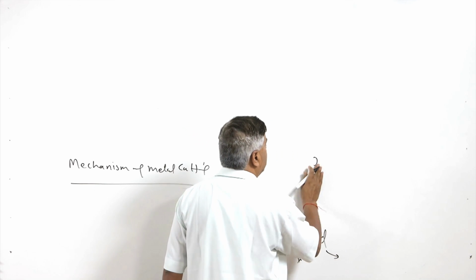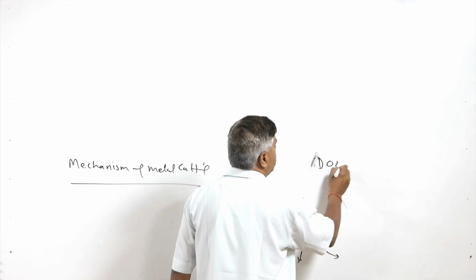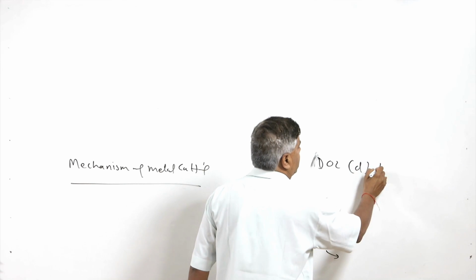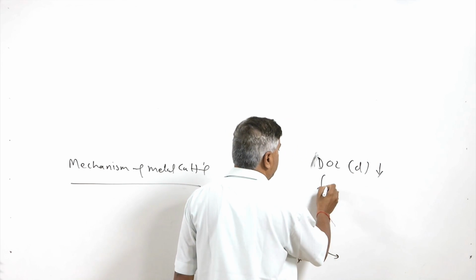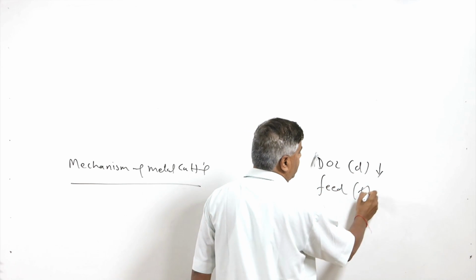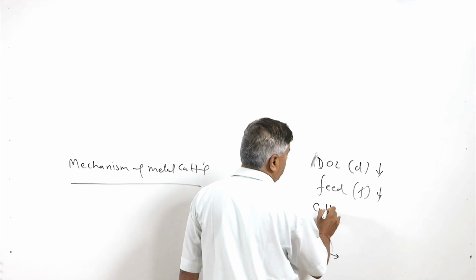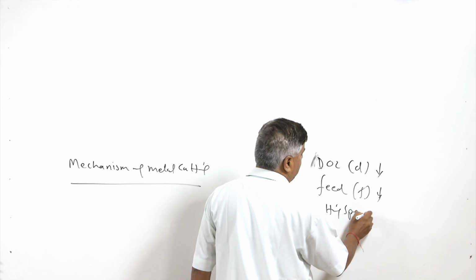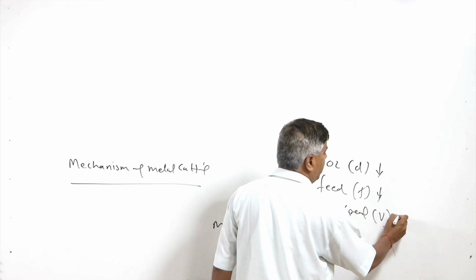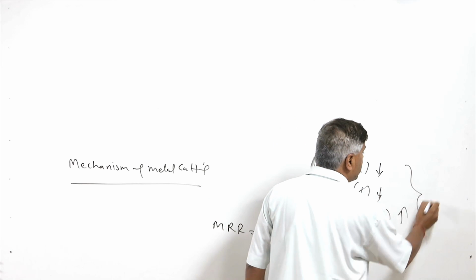Normally, the depth of cut, DOC, is selected very low. Similarly, feed F is selected very low, and the cutting speed is selected high for the finishing operations.